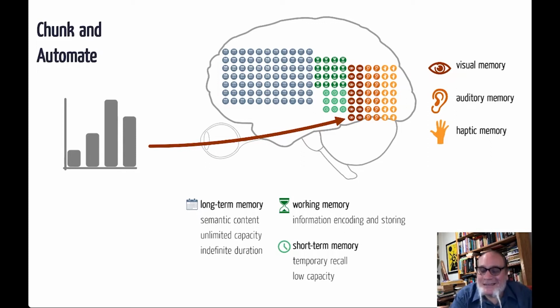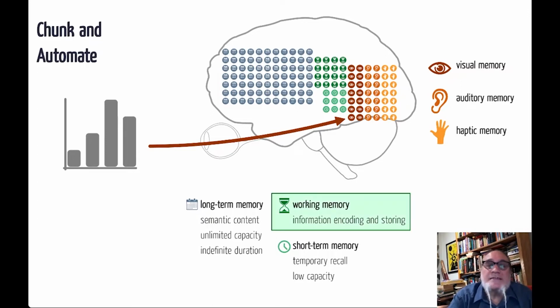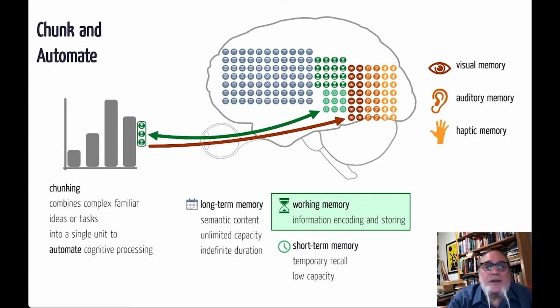The indexing is not always great, but we don't know of specific limits on long-term memory, rather. So that means that working memory really is the bottleneck. That's where our limited capacity for working memory stops us from being able to process things that are very complex or beyond us. So what does the brain do?